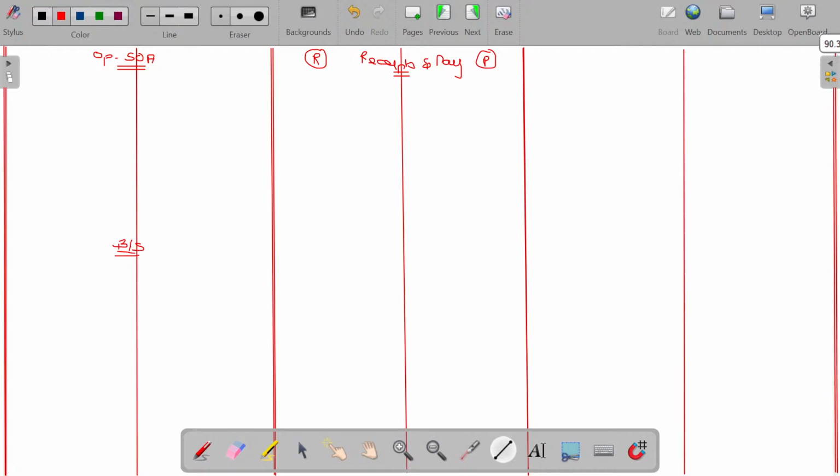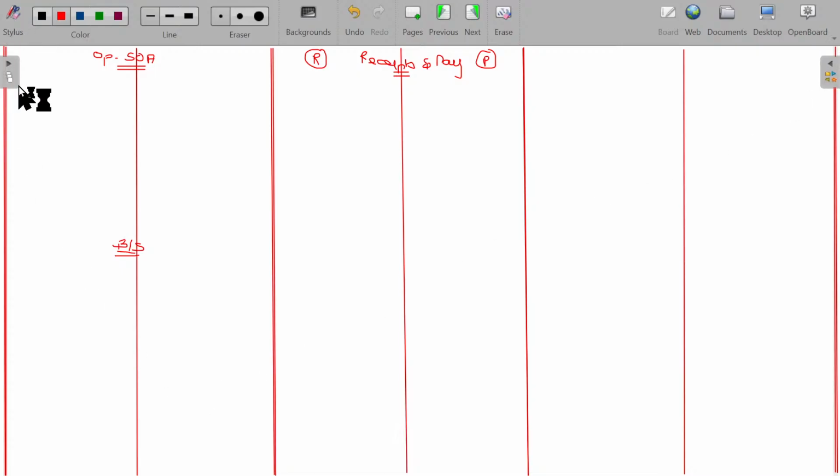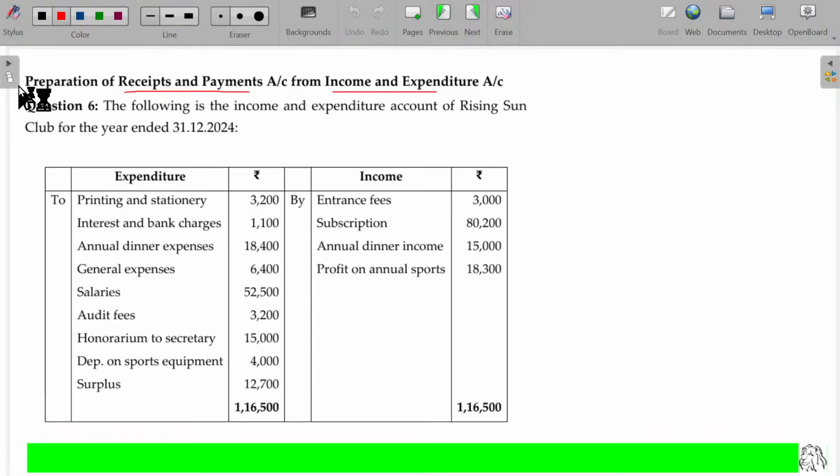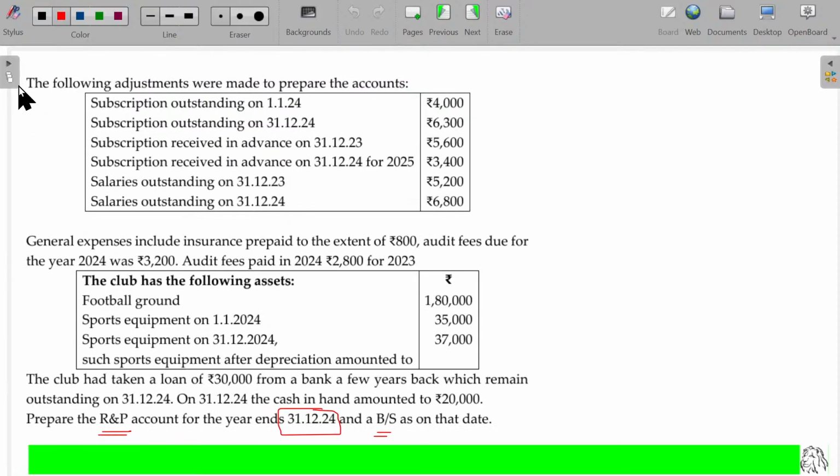Now we'll start posting the income and expenditure account. The following adjustments were made to prepare the accounts.